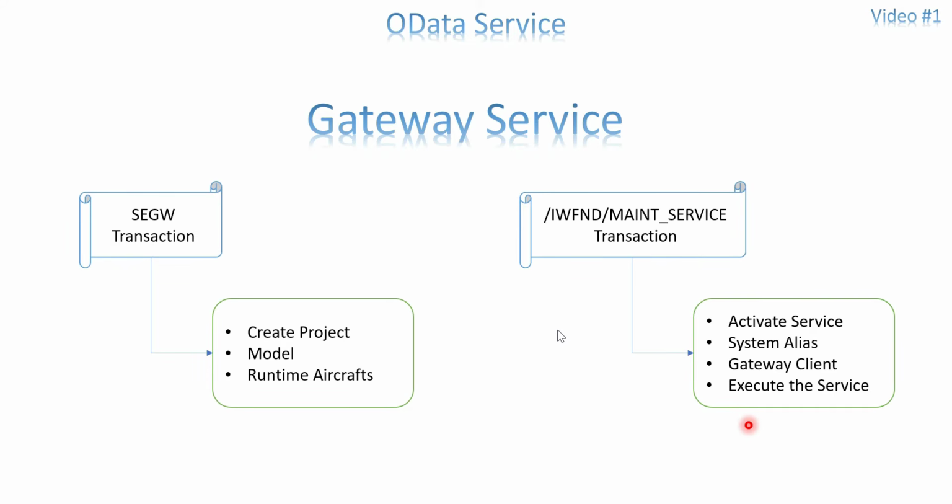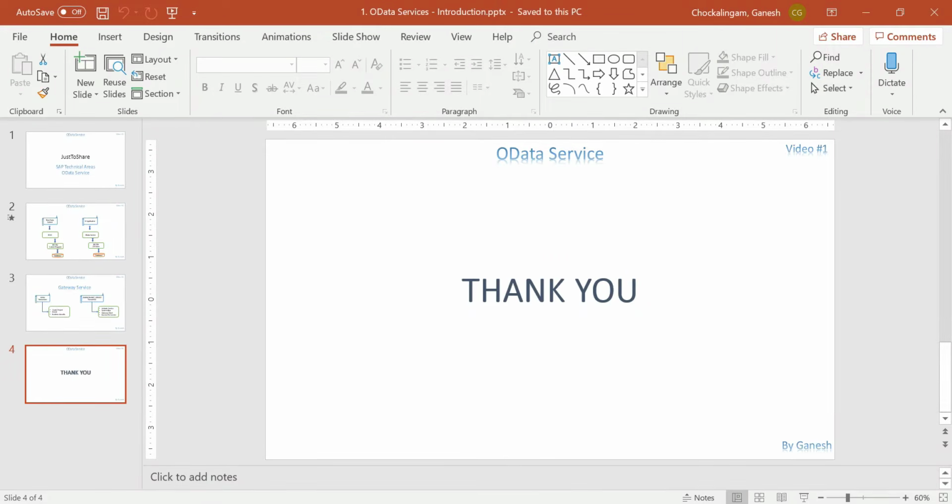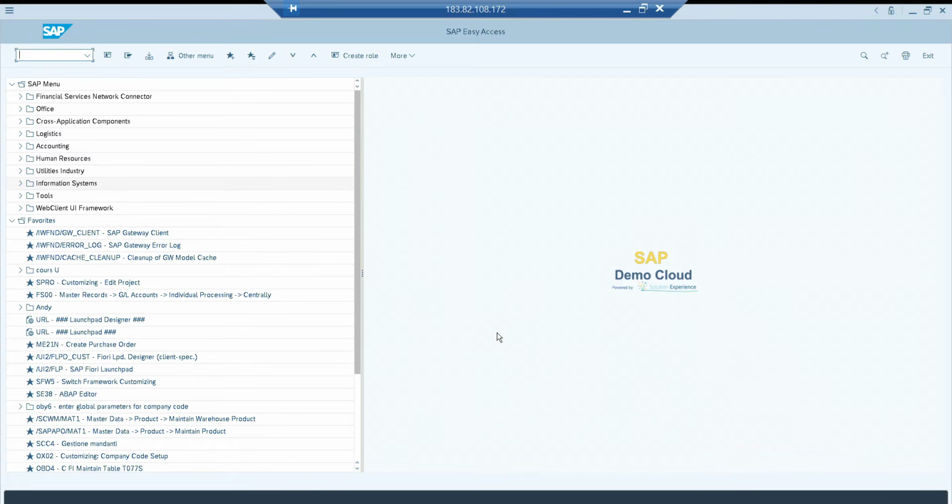Okay, so let me take you into the system. This might be my another rental provider. Compared to my previous videos on CDS and debugging, it is a little different, but it's a good one because I got the new version of SAP ABAP, version 7.6.